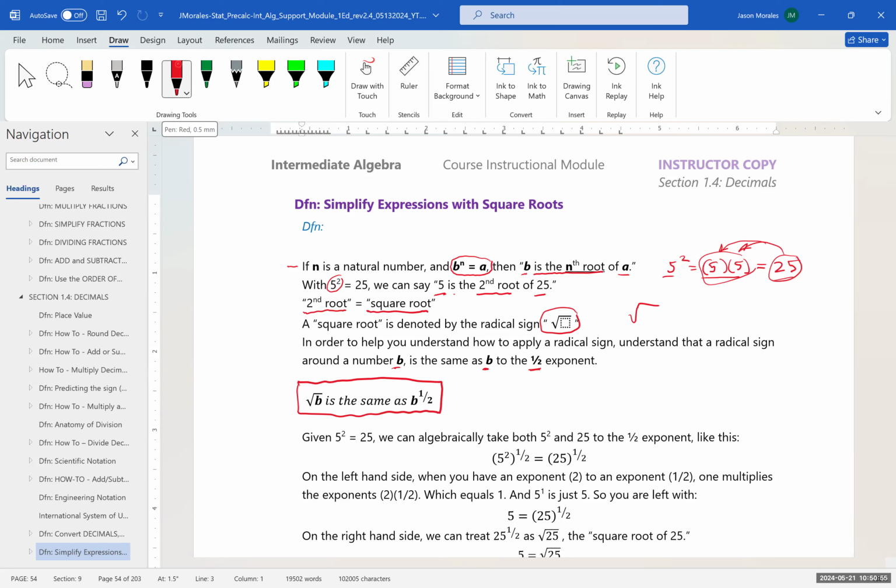Now right here, we're only talking about square roots, but to make this point a little bit more, you can have something like a third root of a number. And that would be the same as having that number to the 1/3 power. Or if you had the 5th root of a number, that's equal to that number to the 1/5 power.